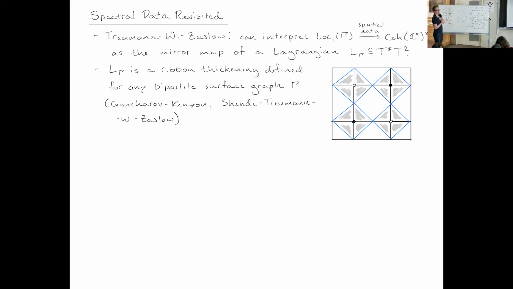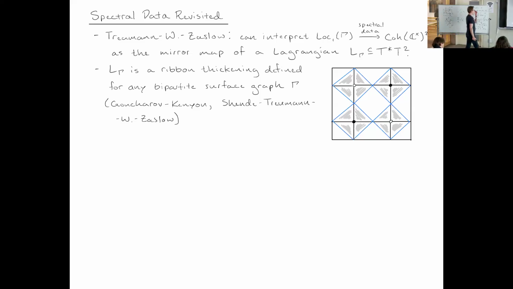If I have a Lagrangian in the cotangent bundle of T2, so T star T2 is the mirror symplectic manifold to C star squared, the complex manifold, then mirror symmetry tells you that the wrapped Fukaya category of T star T2 is equivalent to coherent sheaves on C star squared. The Fukaya category has as its fundamental object Lagrangian branes, so a pair of a Lagrangian together with a local system on it.